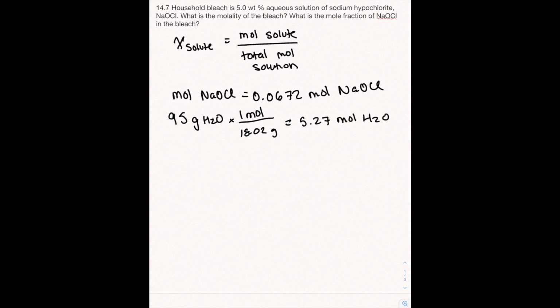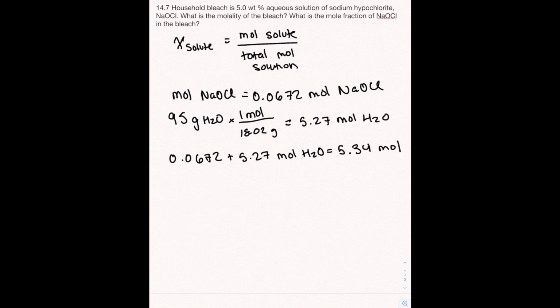Now, we can find the total moles of solution by adding our moles of water and our moles of NaOCl. And if you plug that into your calculator, you'll find that our total amount of moles is 5.34 moles.